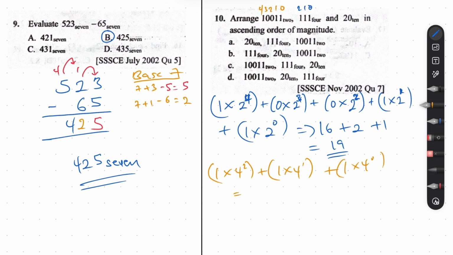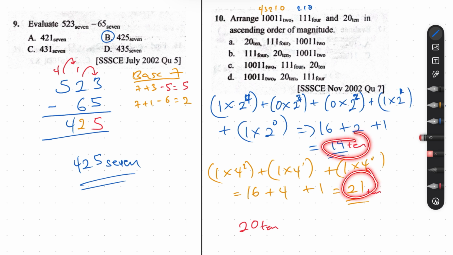So we have 16 plus 4 plus 1, which is 21. And then the last number is 20, which is already in base 10.